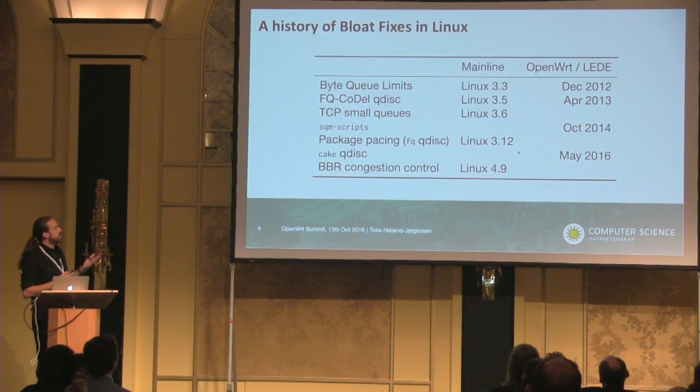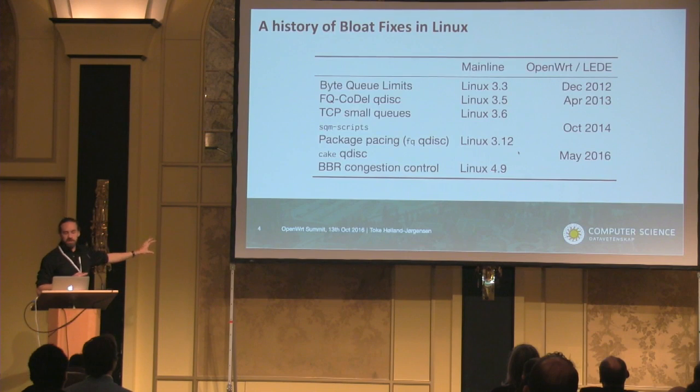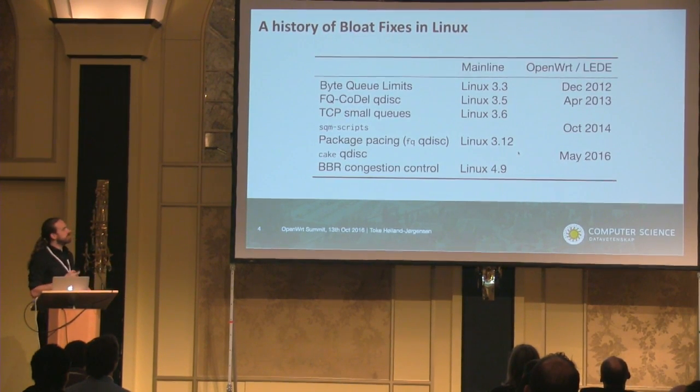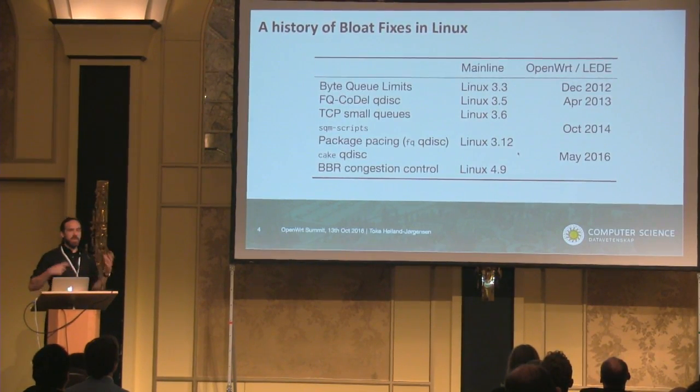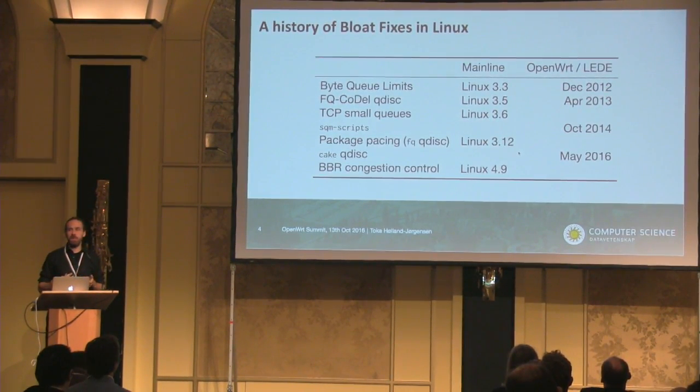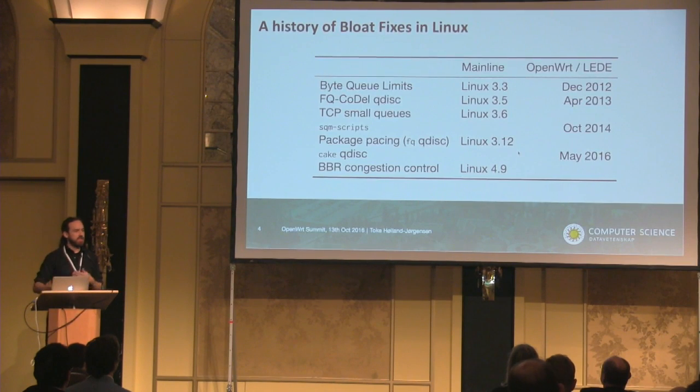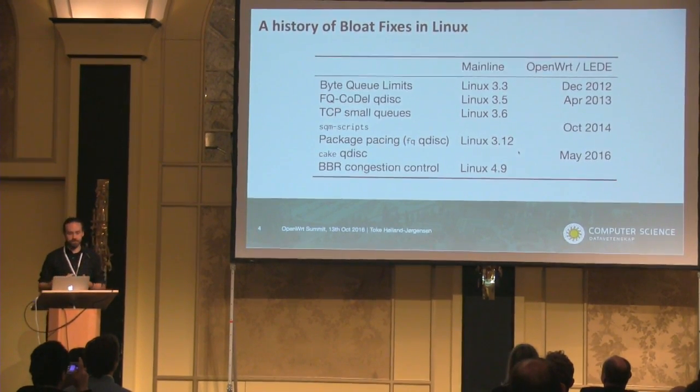So this was a while ago. I'm just going to give you a quick history of what has been happening in fixing bufferbloat in Linux in general, and then I'll go on and talk about Wi-Fi. The first fix that went in is this thing called byte queue limits, which went into Linux 3.3. What that does is it tries to make sure that you don't have too many packets queued up in the driver when you send out traffic, so that you can actually keep them where you can control them.